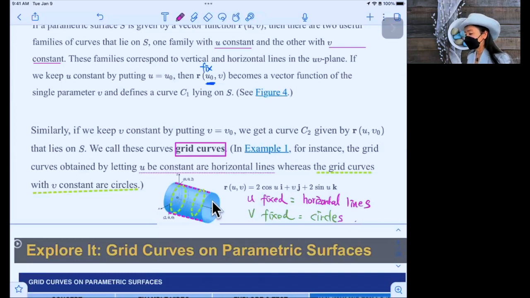How do we get them? We fix the u and you get a family of grid curves, and then later you fix the v and you get another family of grid curves. So the pink one and the green one are two families of grid curves.